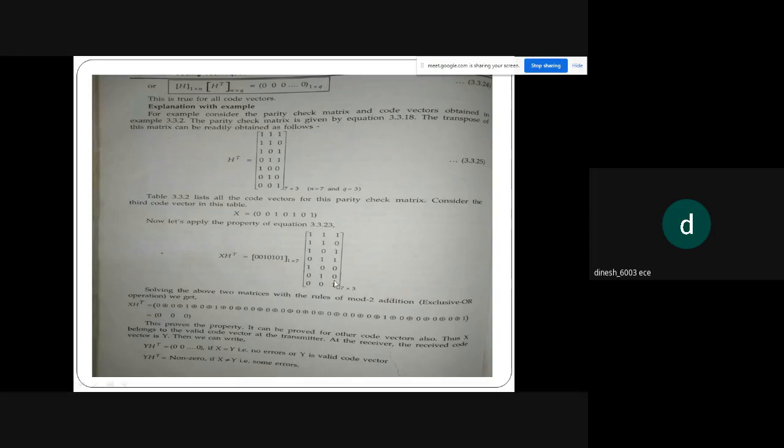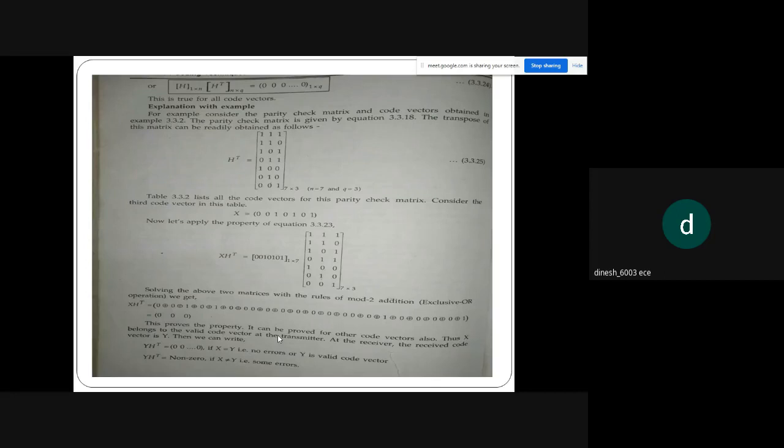Similarly, you can check it for the others using the exclusive OR operation. So I will get X H transpose as always 0 0 0. This is the important property for decoding, and we call it syndrome decoding.